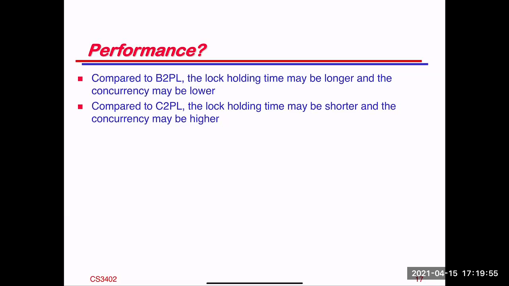So I'm seeing this comment here in the chat that conservative two-phase locking is more secure. I guess in the sense that it doesn't give us deadlocks, you're absolutely right. If you want to avoid deadlocks at all costs, then you probably want to use conservative two-phase locking, but that's not always the right strategy, because if you have transactions that don't interfere with each other often, so there won't be many deadlocks, then you're better off with strict two-phase locking.